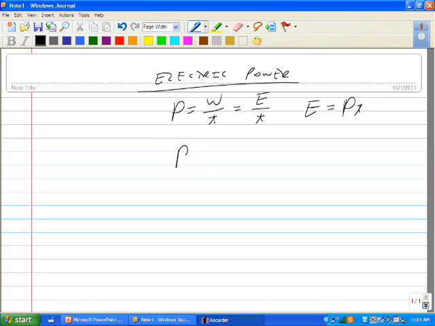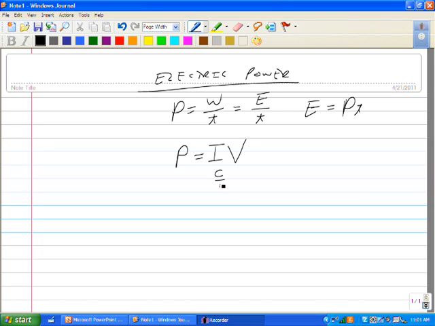So in electric power, we have this relationship. Because what is the definition of current? Right, it's the rate of change of charge. So it's coulombs over seconds.